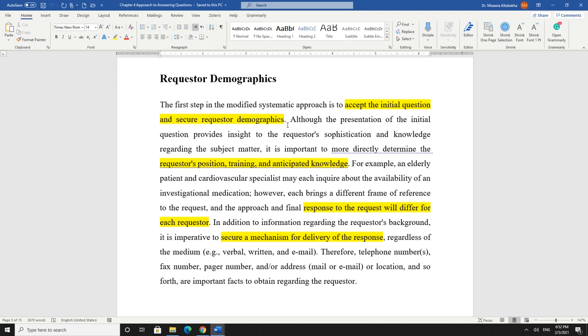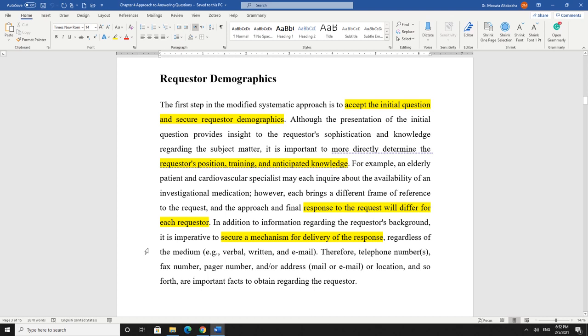Imagine, most of the time what you are asked initially is different from the real question of the requester, which means if you just take the initial question and go on searching, you will end up not really satisfying the customer. And this is very important in drug information services, that you should satisfy your customer, the person who's asking you the question.